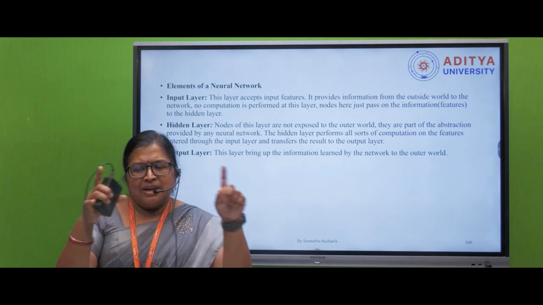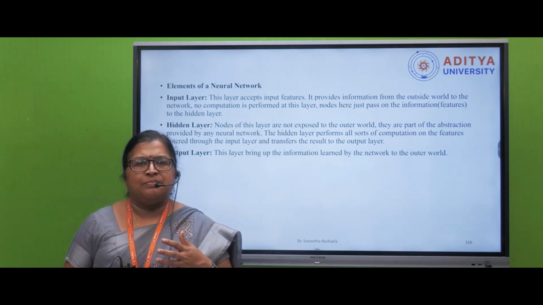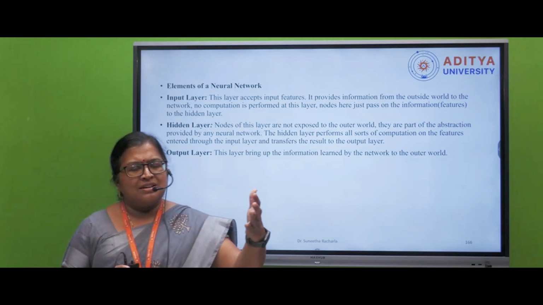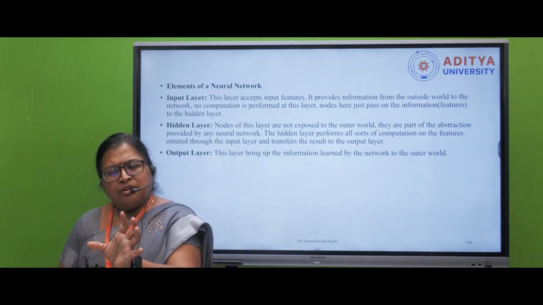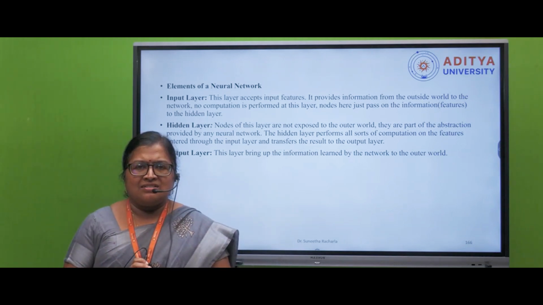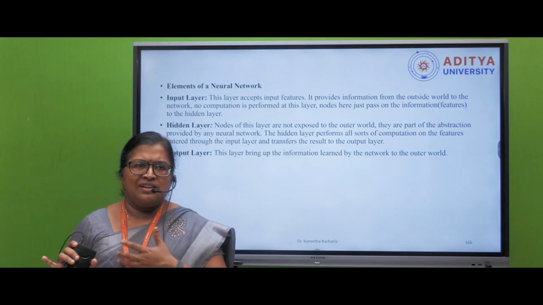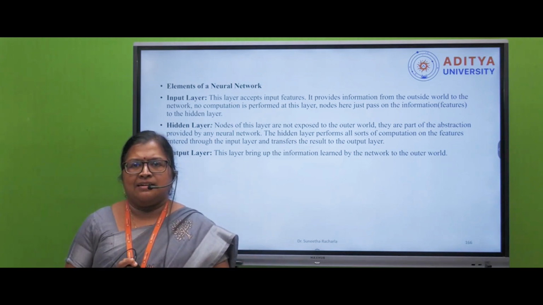The hidden layer is the main controlling unit where everything happens in our deep learning model. There can be any number of hidden layers. If the complexity of the project is very high, we can increase the number of hidden layers. The hidden layers consist of all the functionalities, mathematical relationships, and algorithms.